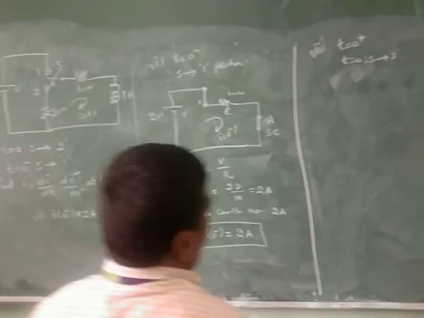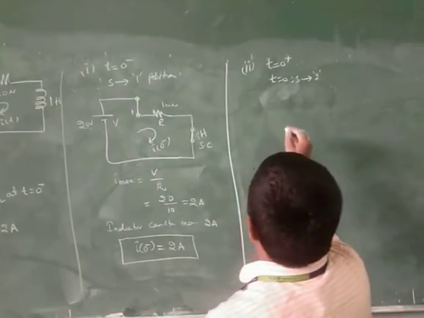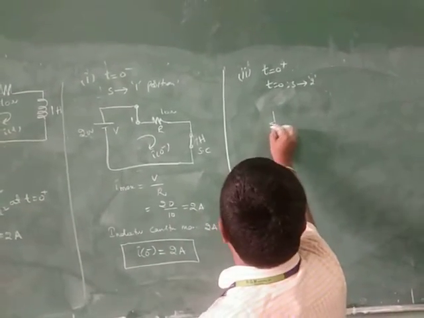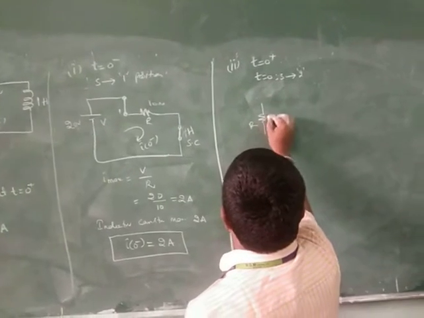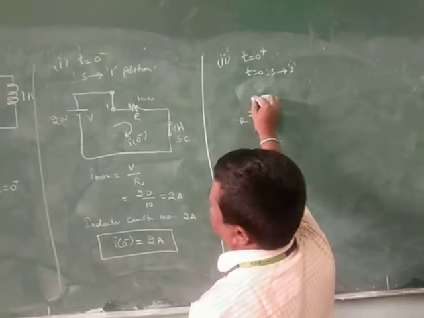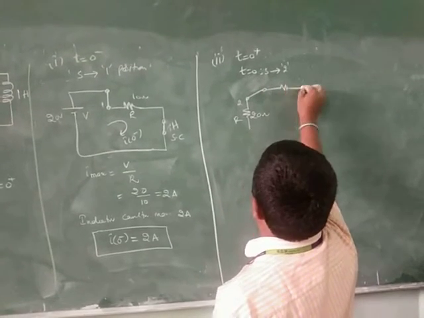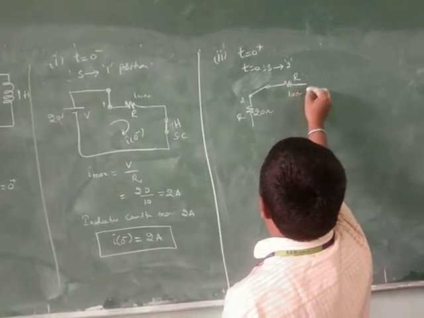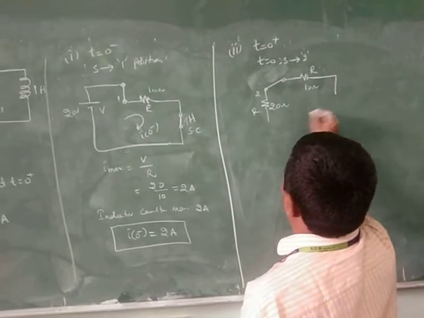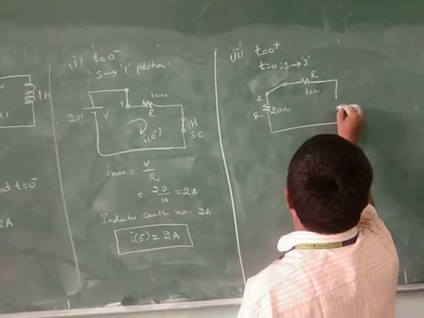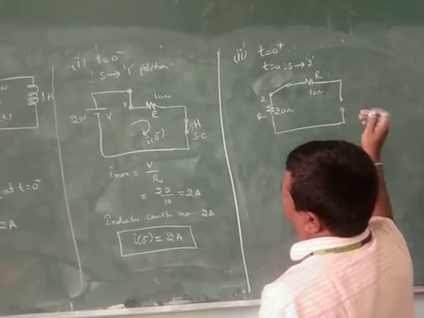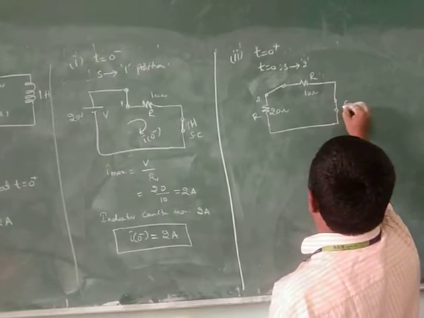When the switch is connected to position 2, the equivalent circuit is this: the 20 ohm resistor, this is switch 2, the 10 ohm resistor, and this is the inductor. Here in this case, the inductor behaves like a short circuit.